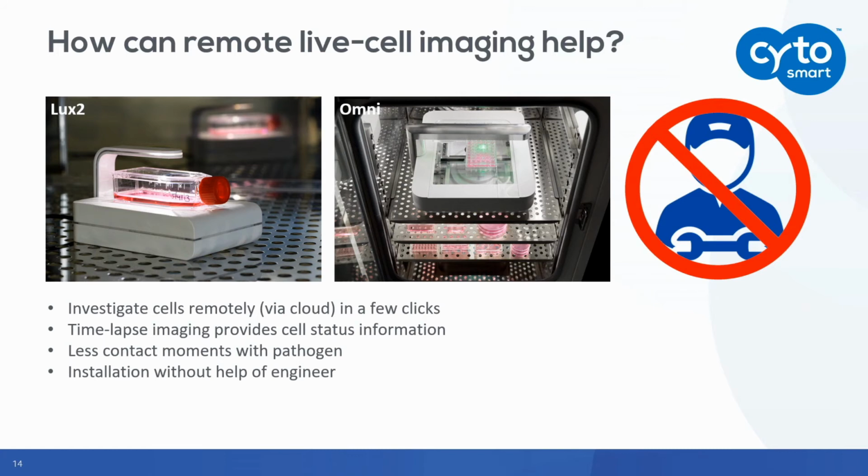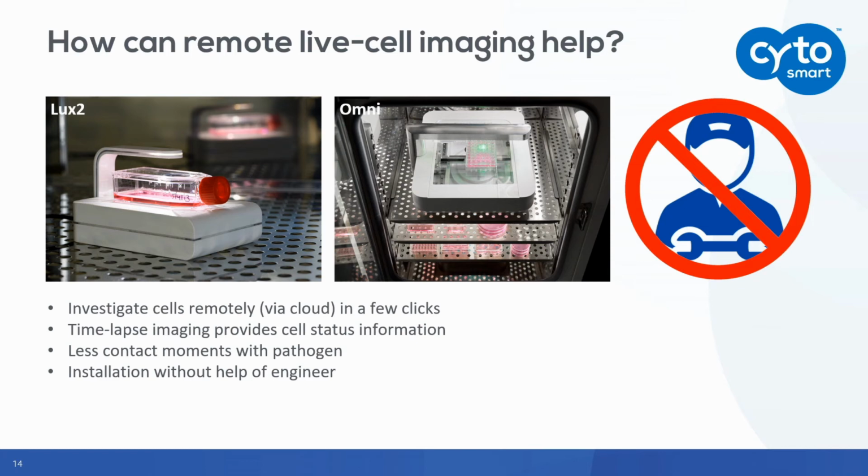Next to this, one very important feature that not all live cell imaging devices have is that our devices can be installed without the help of an engineer. Normally, you would need to have an engineer of the live cell imaging company enter the lab and install the devices.